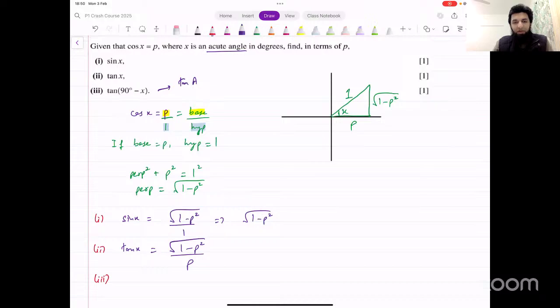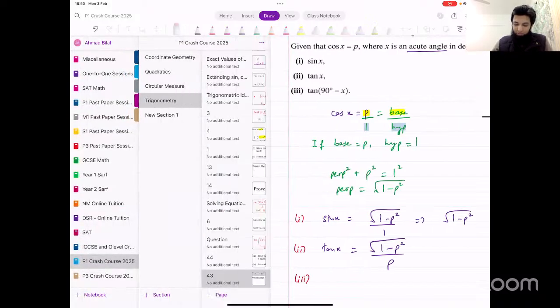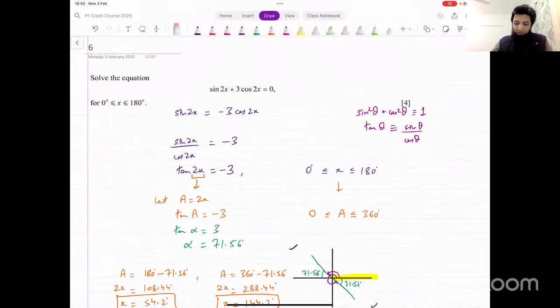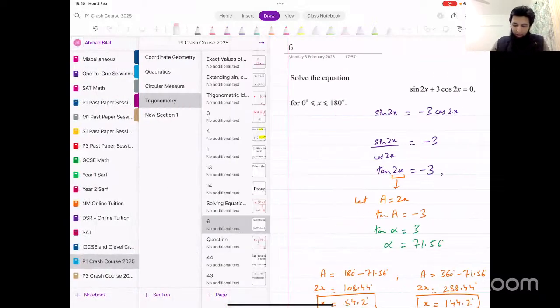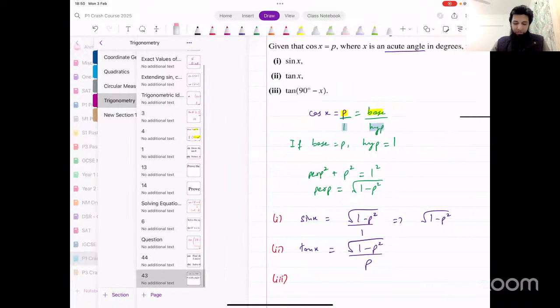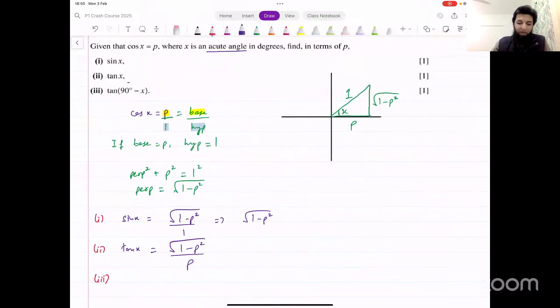How do you find its value? Substitution we do when there's an equation, right? In the previous examples, we were solving some equations, and to solve those equations, it becomes simpler if we substitute the angle with another letter. But we're not solving an equation in this case. We have to find the value of tan of 90 minus x.